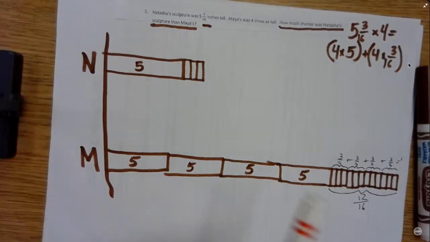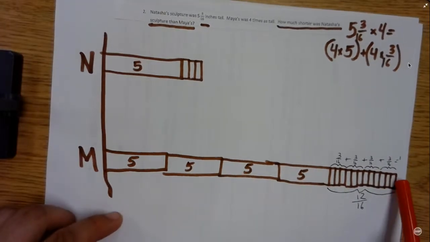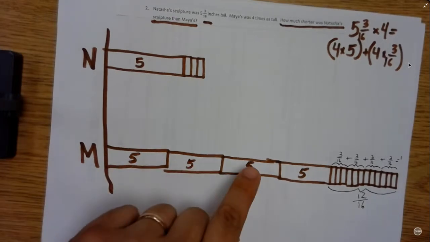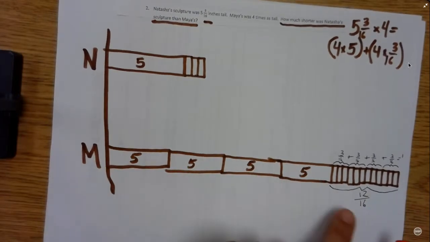So if I'm looking at what this entire area represents, I've got 5, 10, 15, 20, and 12/16.